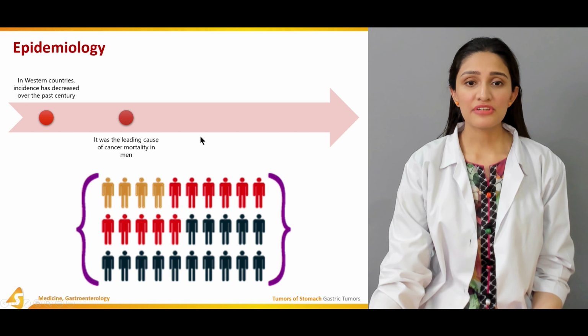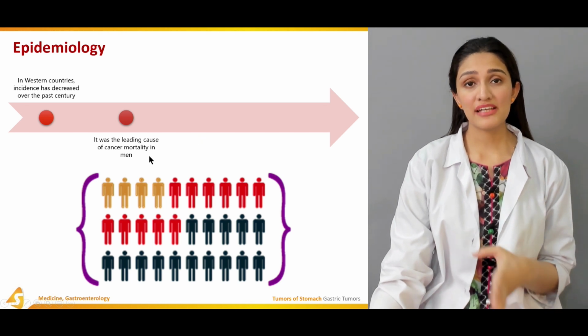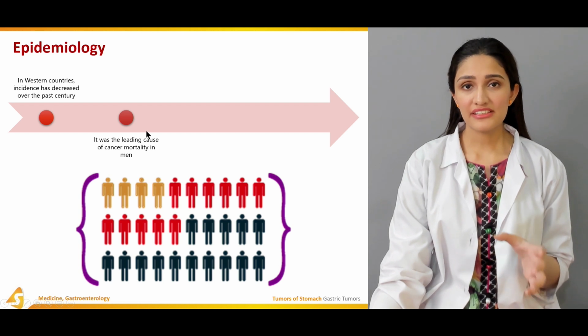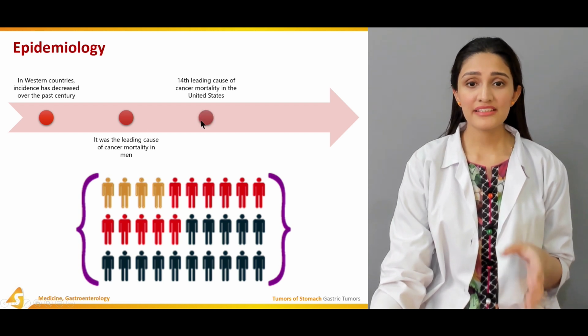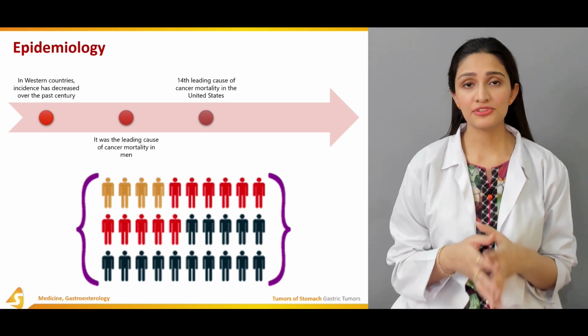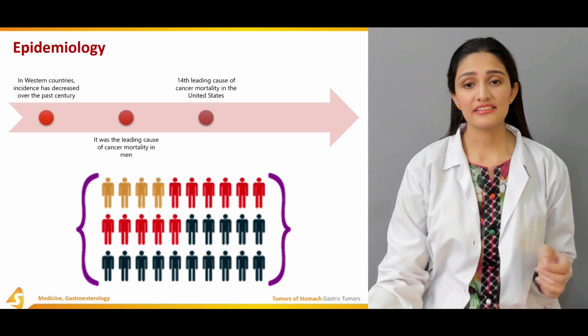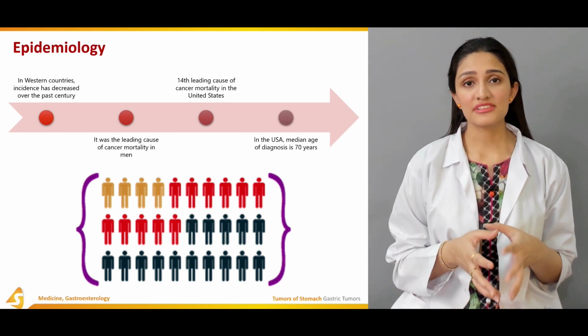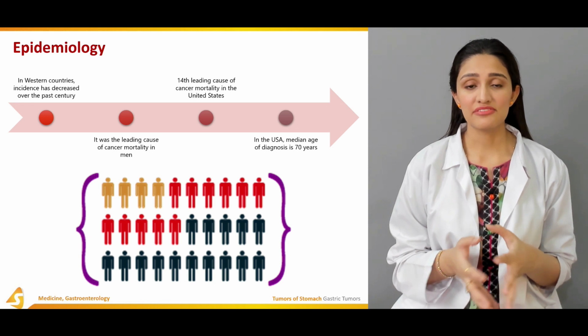If we talk about the difference between male and female, it is the leading cause of cancer death, specifically in the males. And it is the 14th leading cause of cancer death if we talk specifically about the United States. And lastly, in the US, the median age of diagnosis is around 70 years.